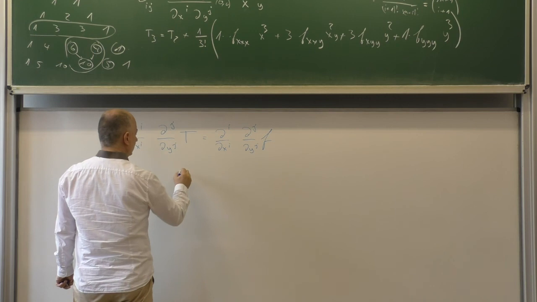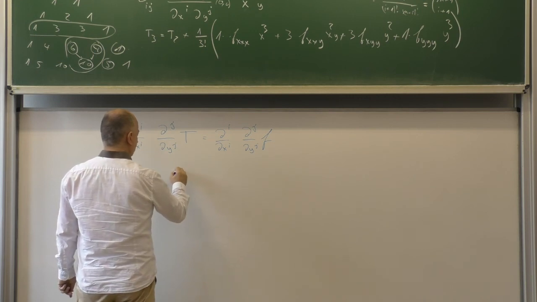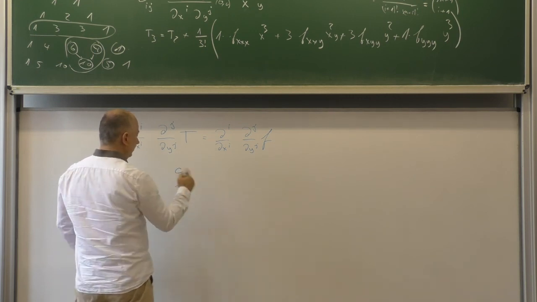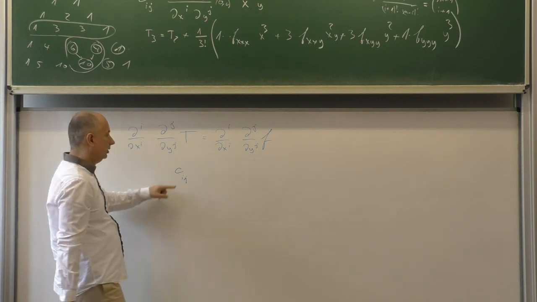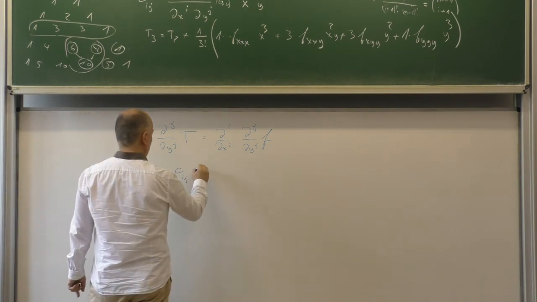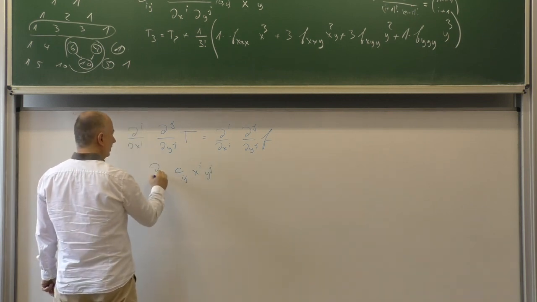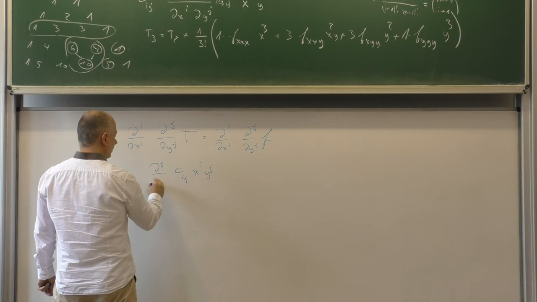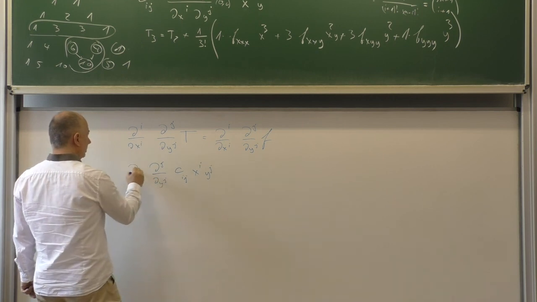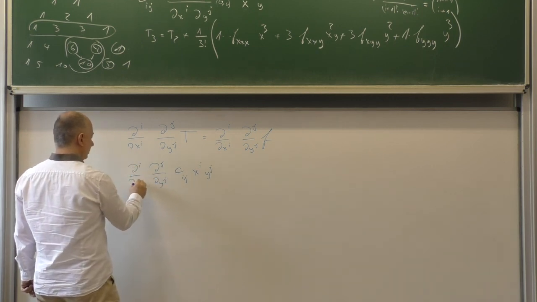So if we consider some coefficient c sub ij, for which we want to show that this is the binomial coefficient, times x to i, y to j, and we differentiate this j times with respect to y and i times with respect to x.